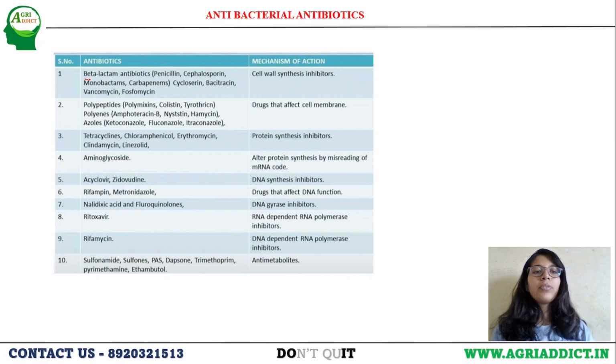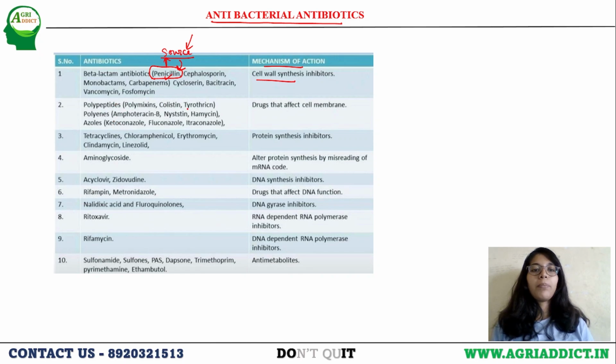The first group that comes is beta-lactam antibiotics. Now we will learn about the antibacterial antibiotics. From this list, you will need to memorize the names of the various antibiotics, the source of these antibiotics, that is the name of the organism which produces the antibiotic, and the mode of action. For example, penicillin inhibits the cell wall synthesis of the bacteria.